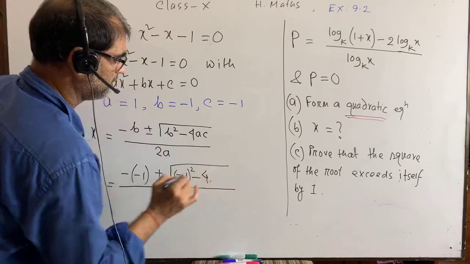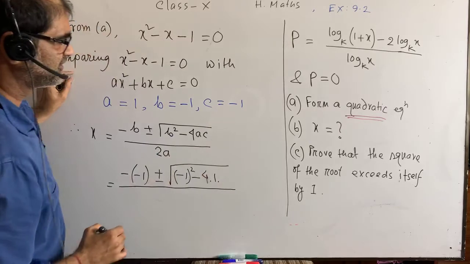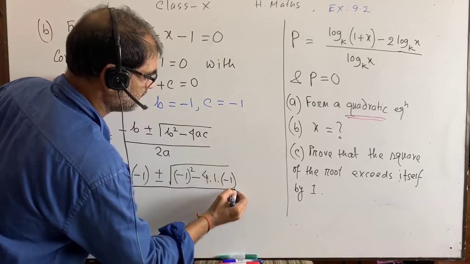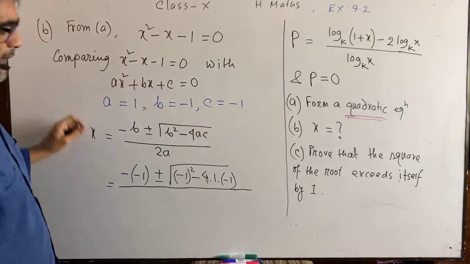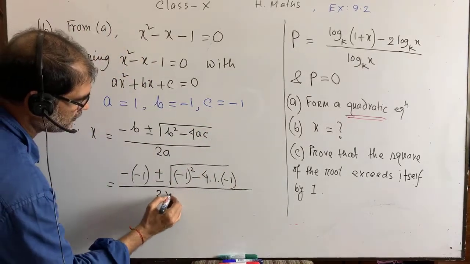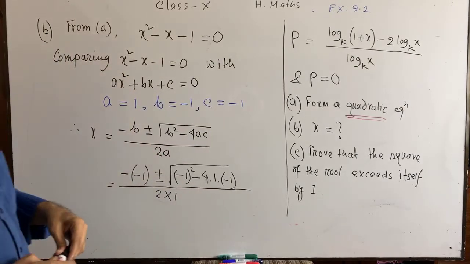This is 4. What is a? A is 1. What is c? C is equal to minus 1. It is twice a. A equals to 1. Actually, I have put the values of a, b and c.